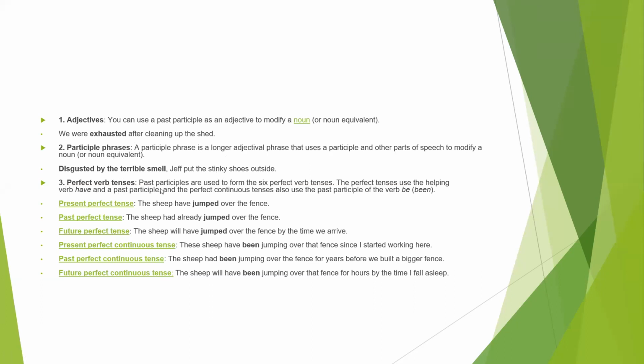Perfect verb tense: past participles are used to form the six perfect verb tenses like present perfect, past perfect, future perfect, present perfect continuous, past perfect continuous, and future perfect continuous.